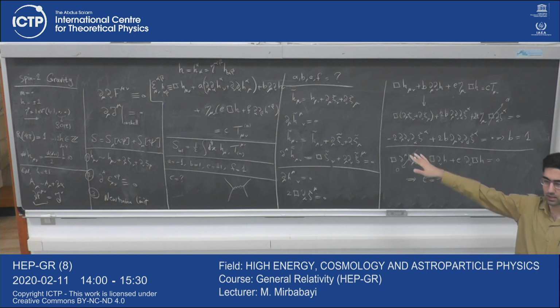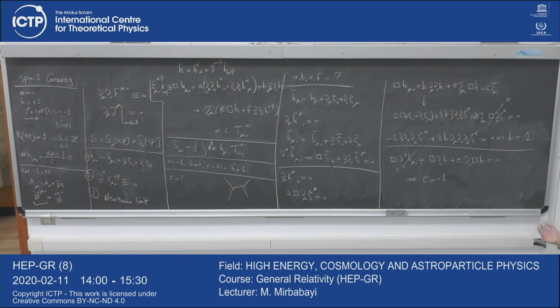That would fully fix this coefficient for us. The other alternative way, similar to what they did for scalar gravity, is to look at the motion of point particles in an external field, see how the external field affects the motion of the point particles, and compare that with the effect of the Newtonian potential on the motion of particles.